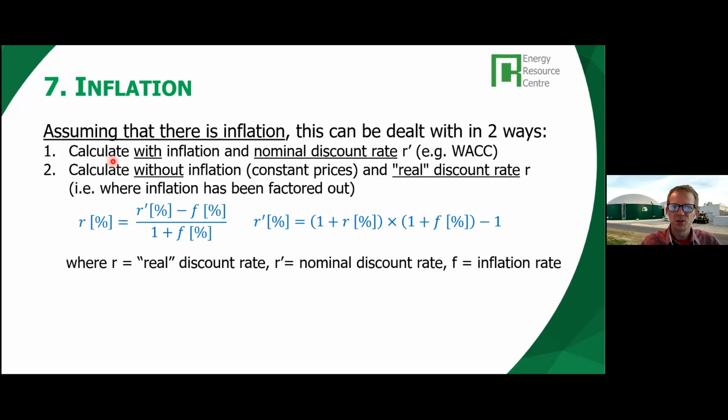The first method is to include the inflation, so that indeed every year the prices of goods and services increase, and then we use what we call a nominal discount rate. That would be, for example, the weighted average cost of capital, which already factors in the fact that the value of money will reduce over time.